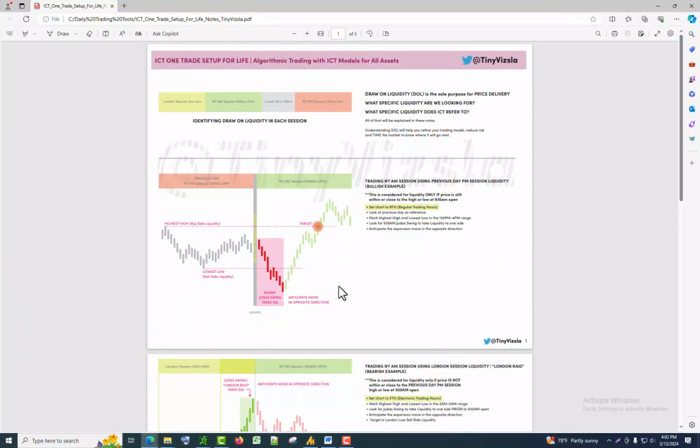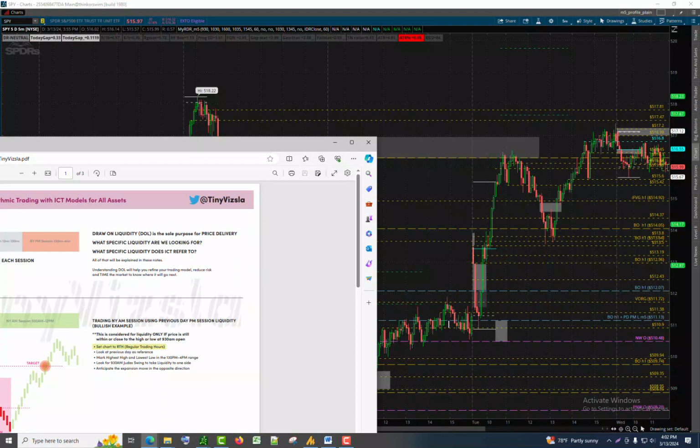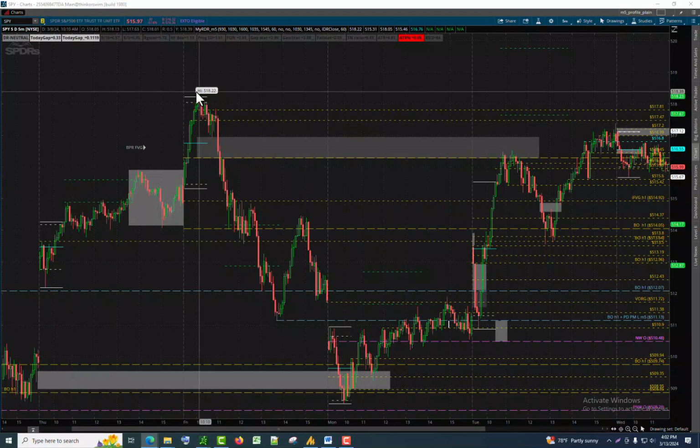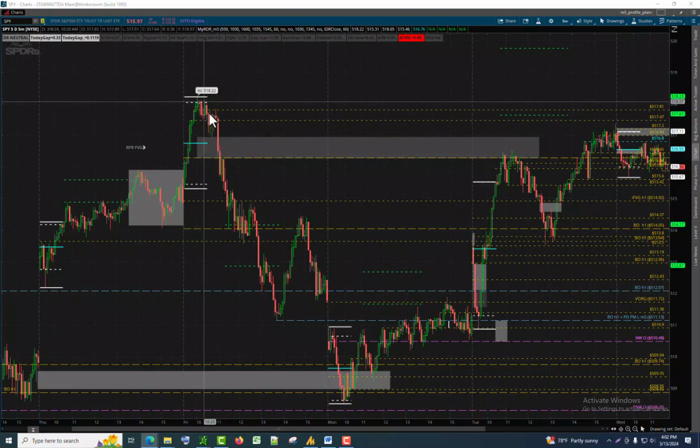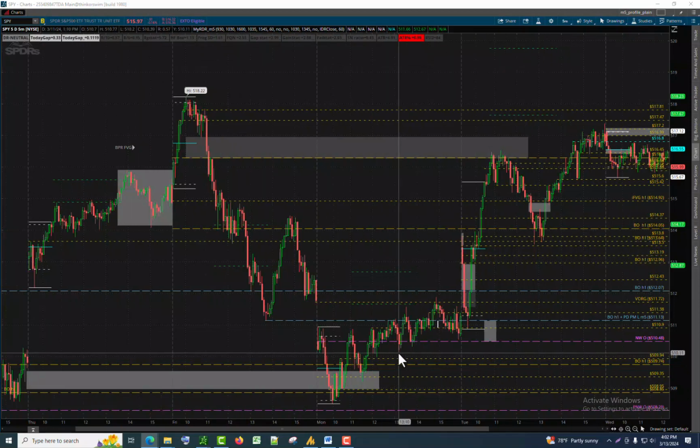You see that? Basically it breaks out the range of the previous day, the high and the low. In this example it breaks out a low, but on Friday it broke out the high. So we have a perfect ICT model right there, and then it's manipulation and distribution.